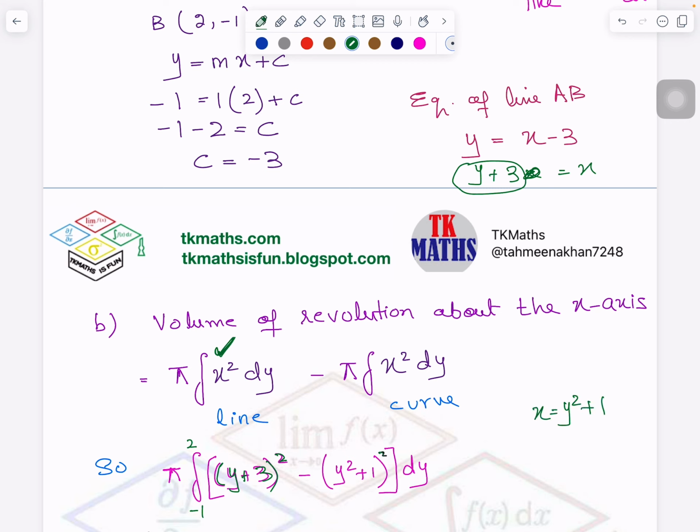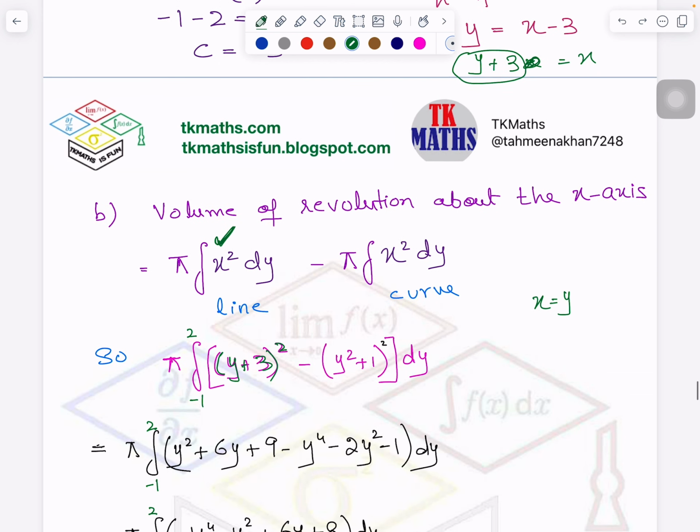So we are squaring that also. And how I have written it together? Because if you see in this formula, the common thing is pi. So we can write it together also the way I have written, or you can do it separately and then subtract the answer. Both way it is fine, whatever you are comfortable with. Okay.